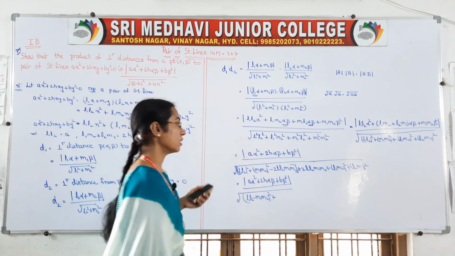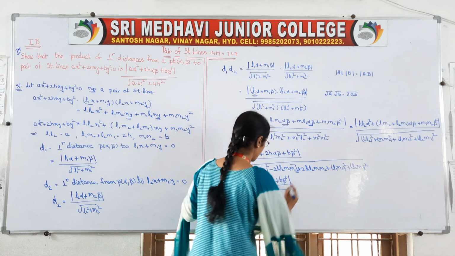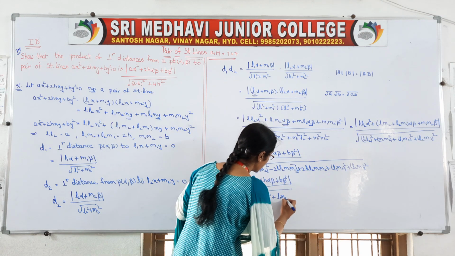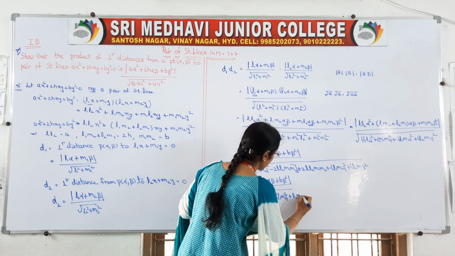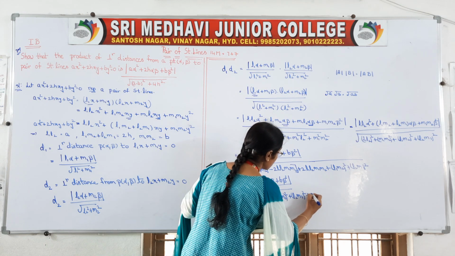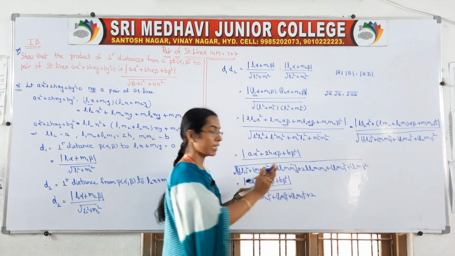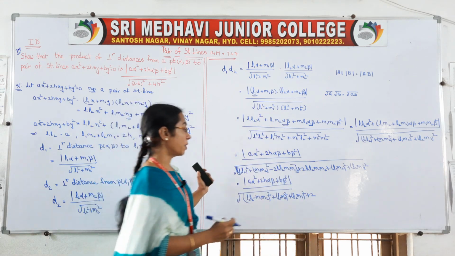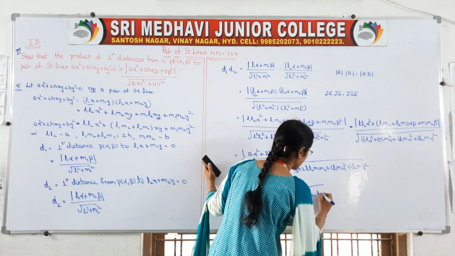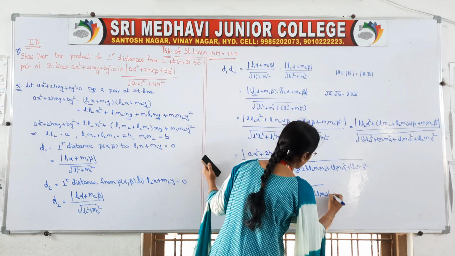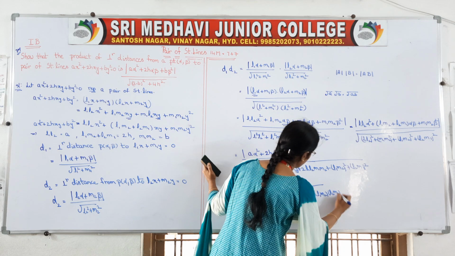And now here we will write this term as L1 M2 whole square plus L2 M1 whole square plus 2 into, here in multiplication we can change the places, right? How we can change the places? L1 M2 into L2 M1.